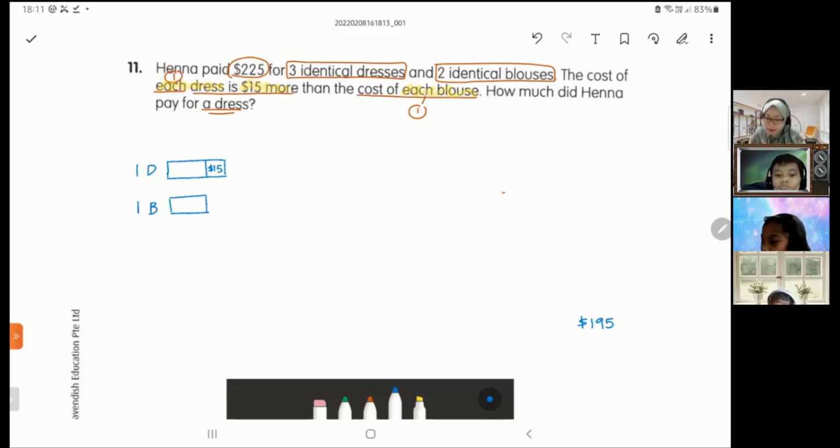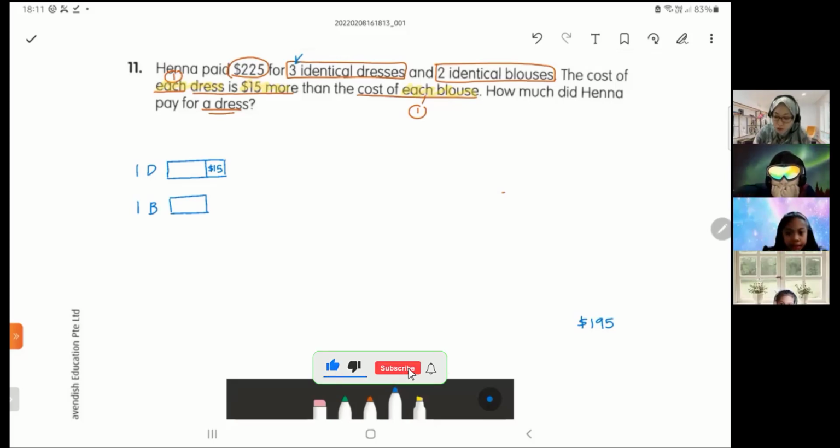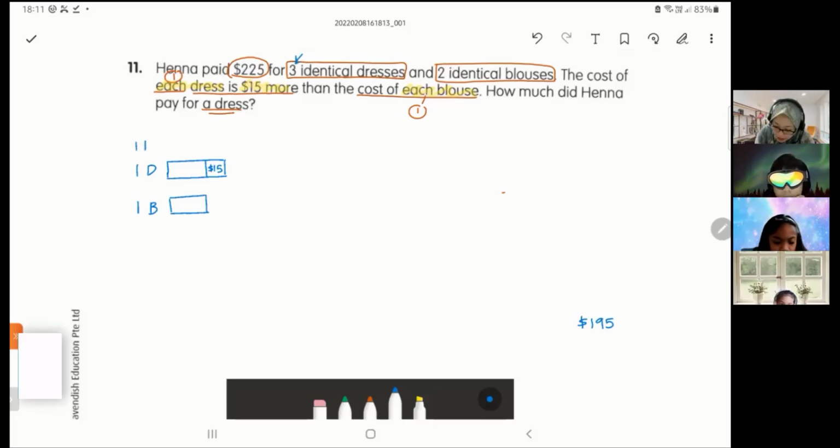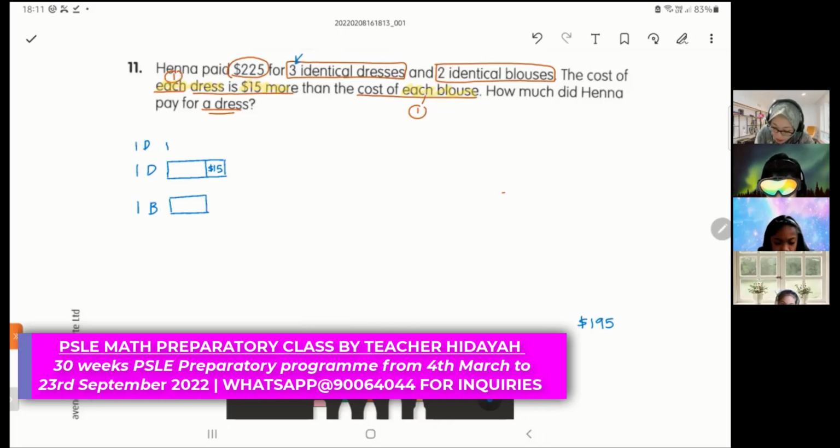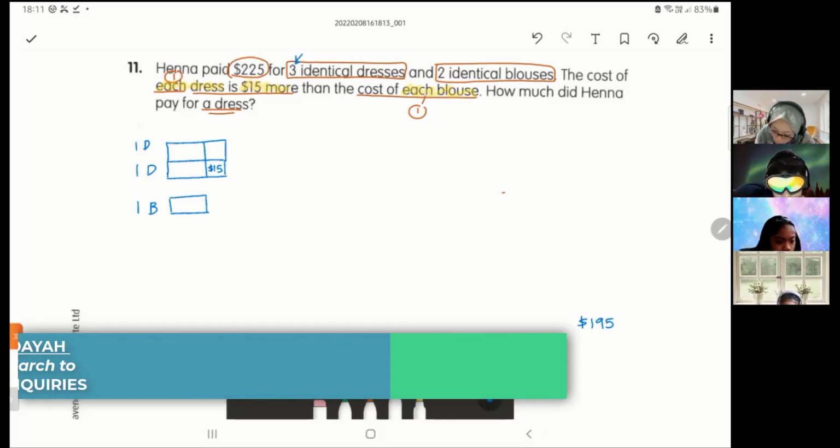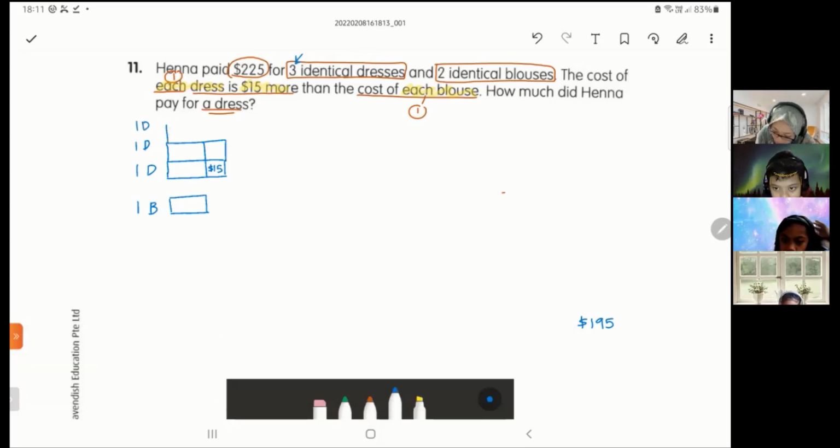Right now, I did not only buy one dress, but I bought 3 dresses. So we are going to stack up the dress. So one more dress, I stack it up like this. And then one more dress, I stack it up like this.